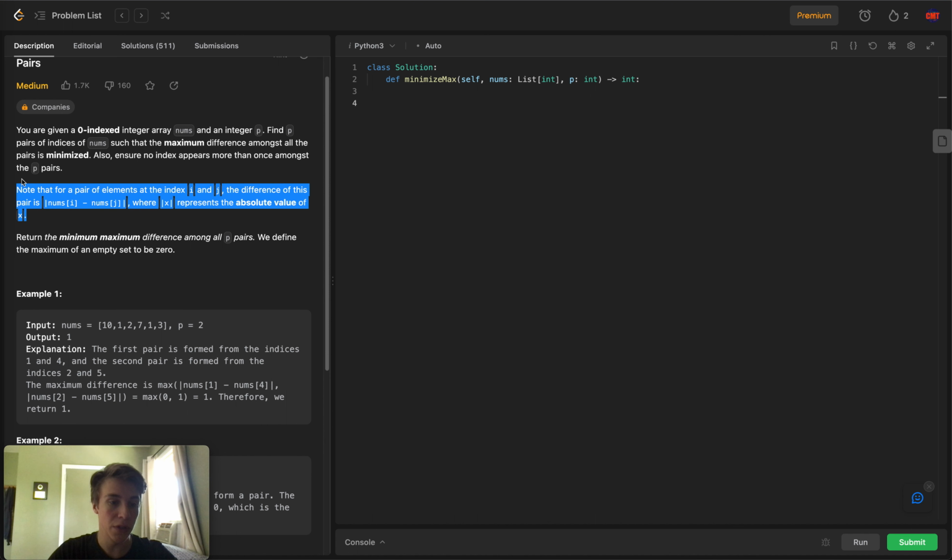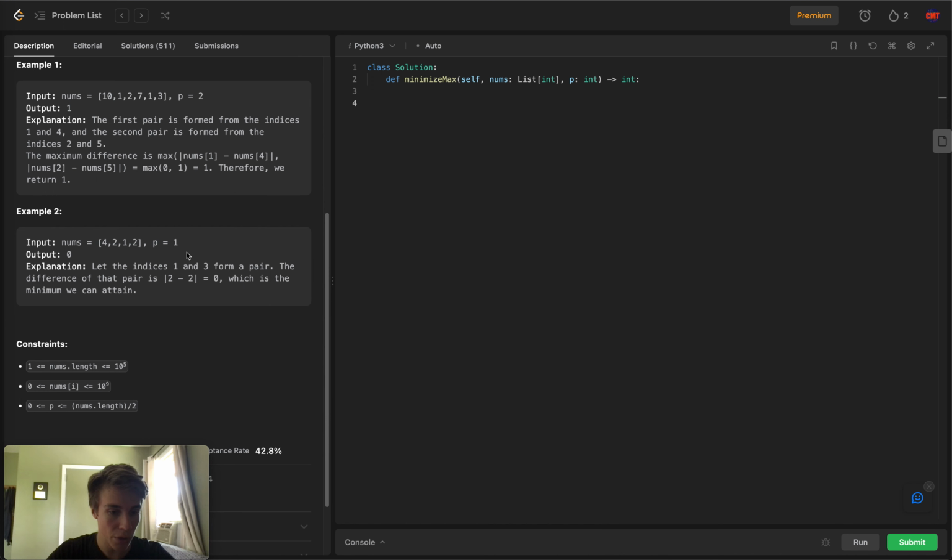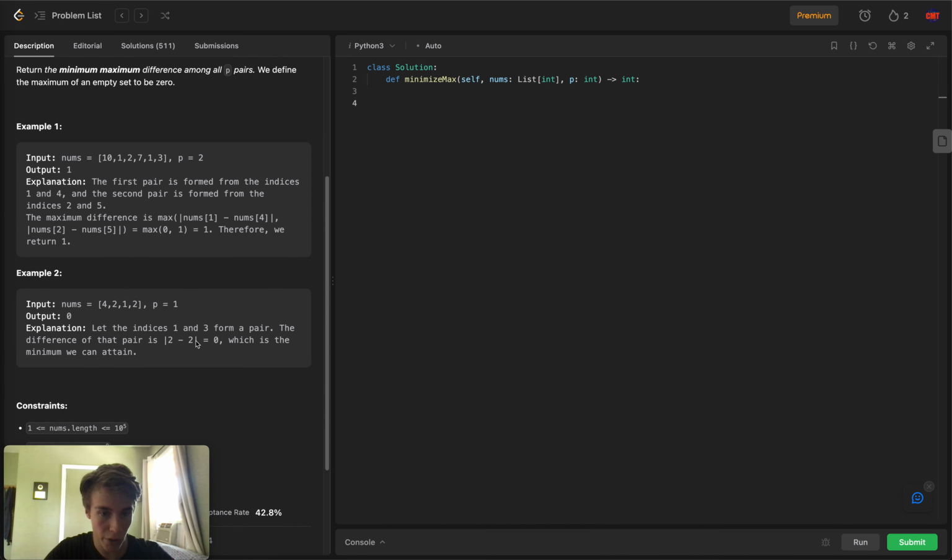The difference is the absolute value of the difference, so there are never going to be negative numbers. And we define the maximum of an empty set to be 0.